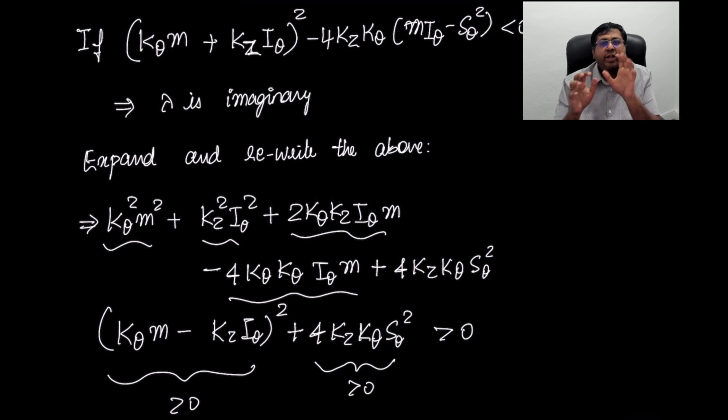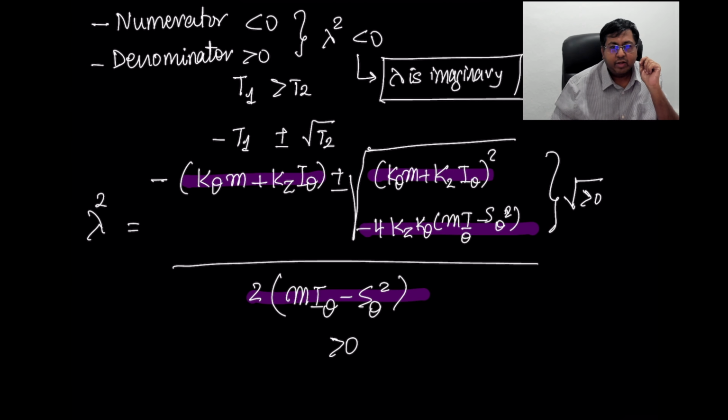Then we said the term on the numerator is always going to be less than 0 itself. So eventually lambda square is some negative number divided by some positive number, which means the square root of this negative number will always be an imaginary number. We'll try to understand the implications of this on aeroelasticity as we go into the next section.